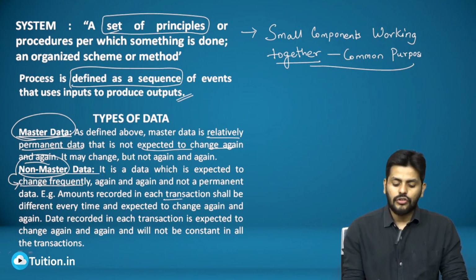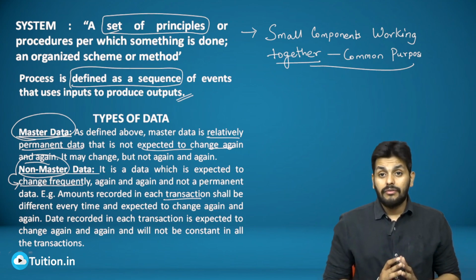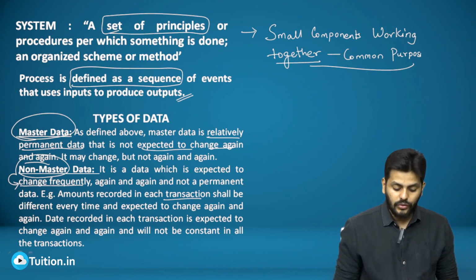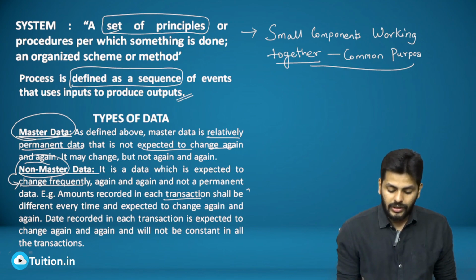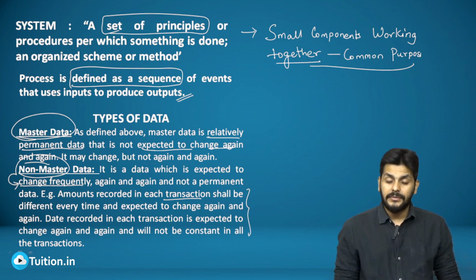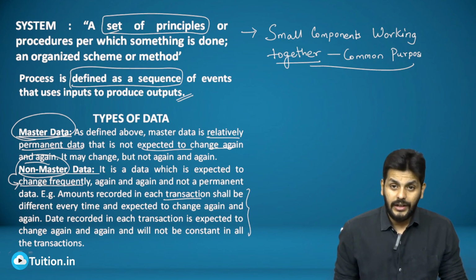Amounts recorded in each transaction are the best example of transaction data because amounts vary from transaction to transaction. The amounts do vary, so amounts recorded in each transaction will be different every time and are expected to change again and again, which is why they are called transaction data.